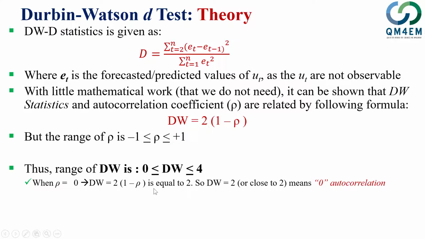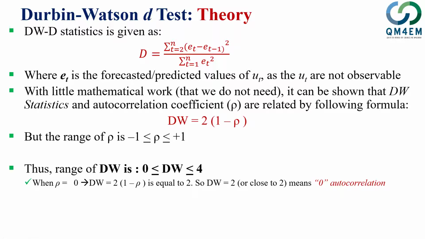So when we obtain DW equal to 2 or close to 2, that means there is zero or no autocorrelation in our data. So you instantly know that rho equal to 0 is the case when there is no correlation among the successive values of the residual term.